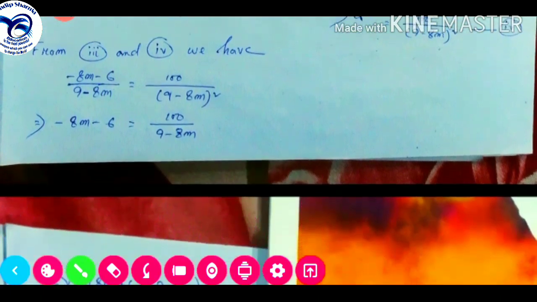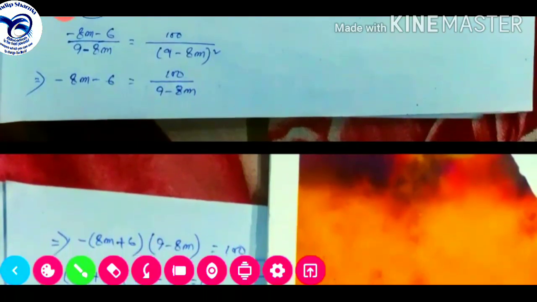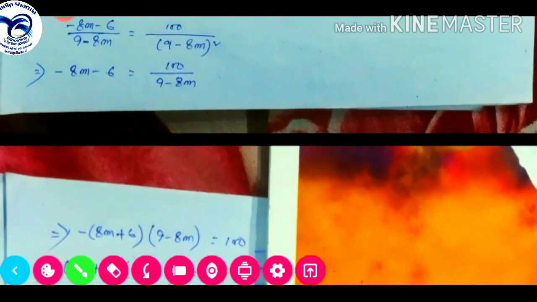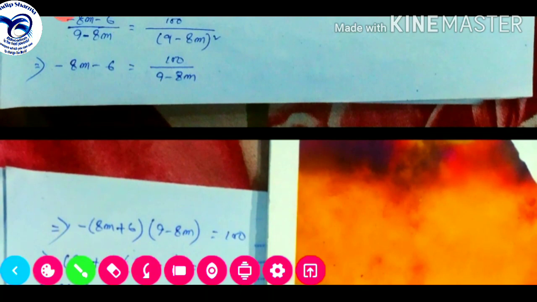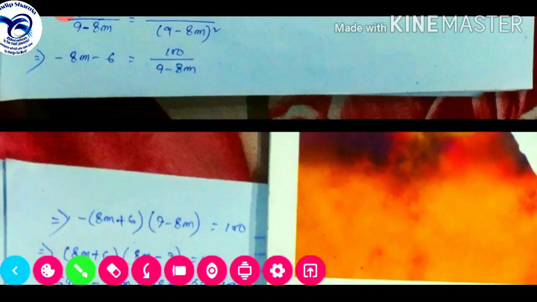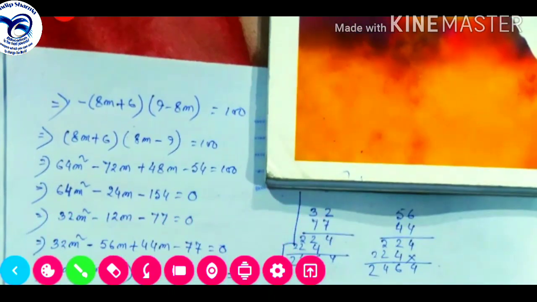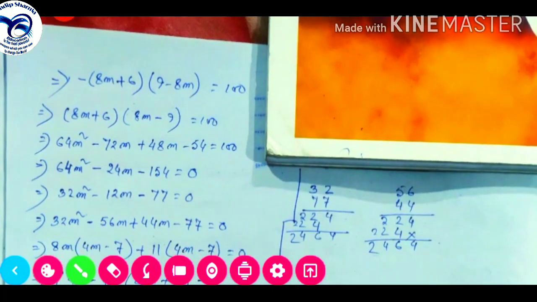Now you need to do cross multiplication. If we do cross multiplication, minus 8m we take common, minus we take common, so it will remain 8m, and minus minus plus, so 6 into 9 minus 8m is equal to 100. Now this portion, 8m is the second term, so we need to make this one positive.